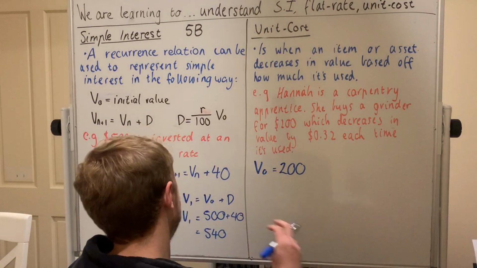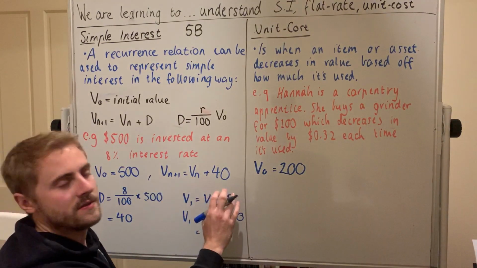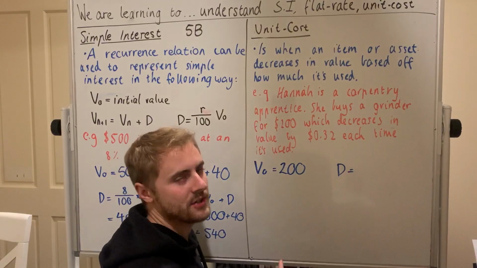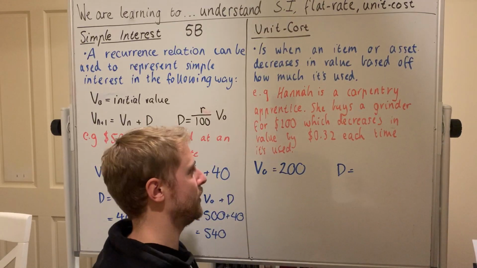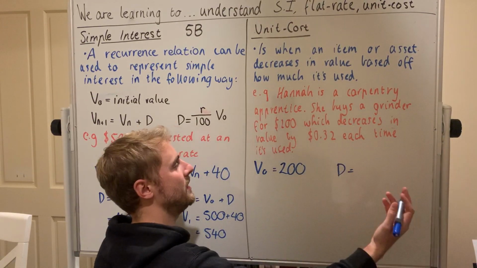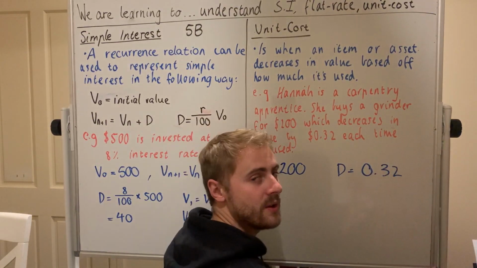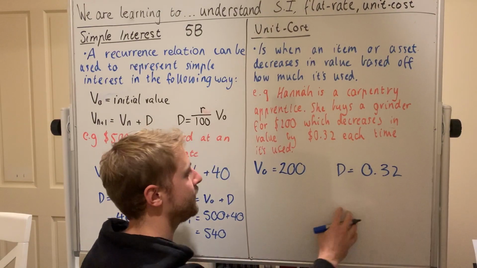The only thing this time though is we don't have to do this whole calculation for D. D is essentially given to us. D is how much it's either increasing or decreasing by. In this case, it's decreasing by 32 cents each time. So we can just literally write that our value for D is 0.32.